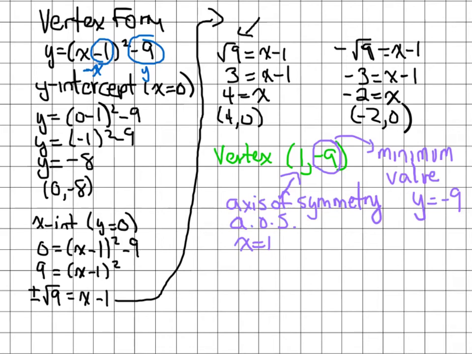So what's interesting is that in vertex form, we can actually get all of the properties of our quadratic relation, where from standard form, the only two that we could get was the direction of opening and the y-intercept. So now we're going to move on to factored form, or zeros form, or x-intercept form, and see what properties we can get from that form of equation.